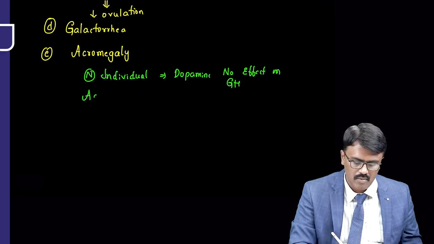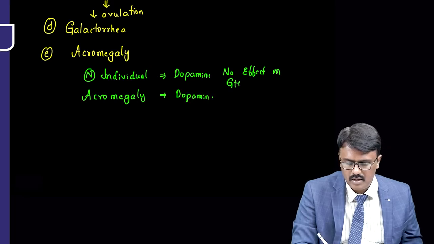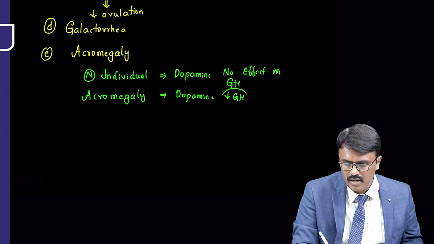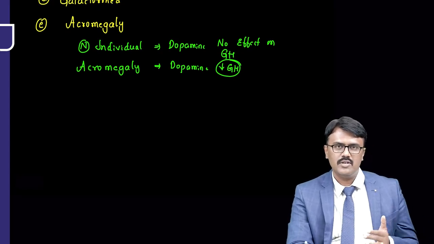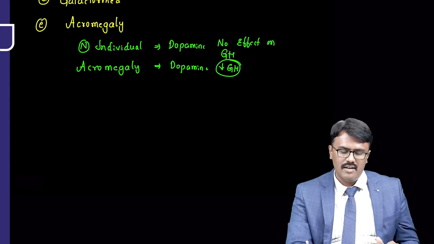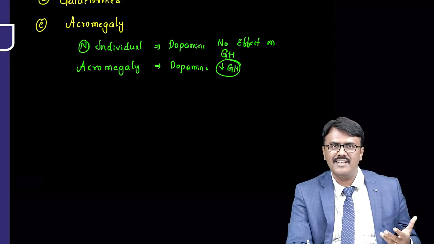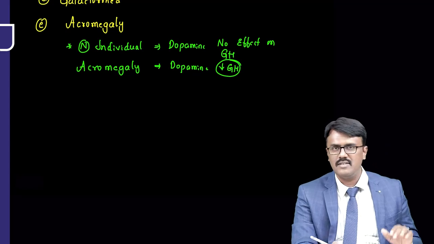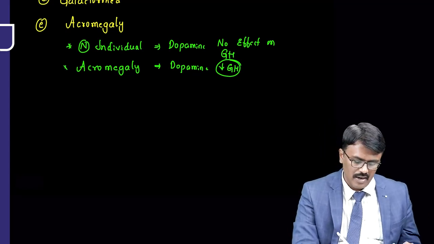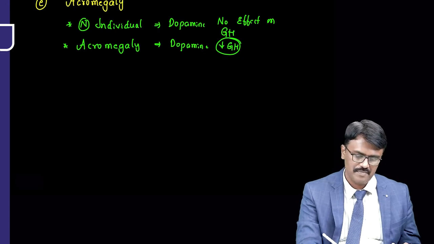But in a patient of acromegaly, dopamine has been shown to decrease the growth hormone. So that is the reason why it is useful in acromegaly. Imagine that in normal individuals also, if dopamine is high, their growth hormone decreases, that means no child should be happy, because whenever you are happy, dopamine is released. So that is the paradox here. In normal individuals, dopamine doesn't have any effect on growth hormone, but in acromegaly, it has been shown to decrease the activity of growth hormone. So that's the reason why we use it in acromegaly.